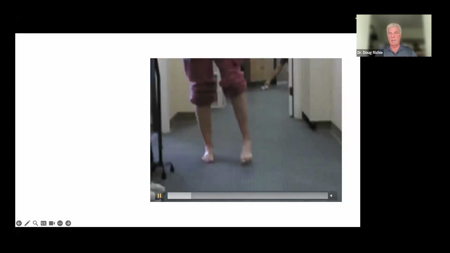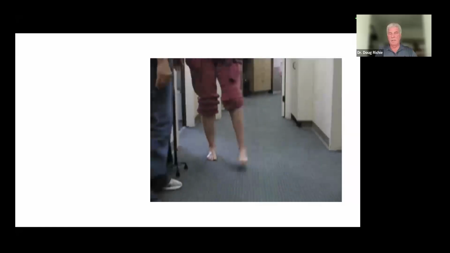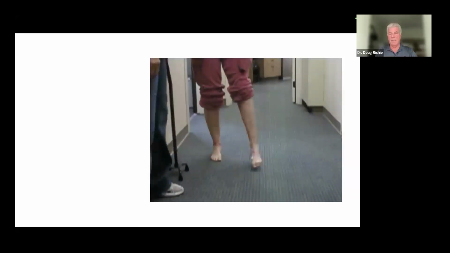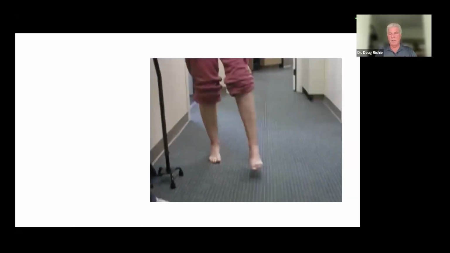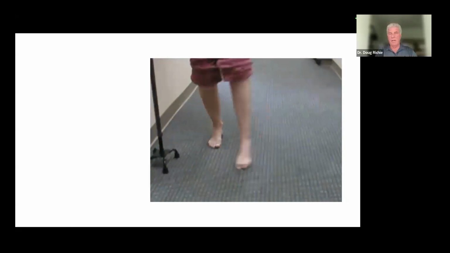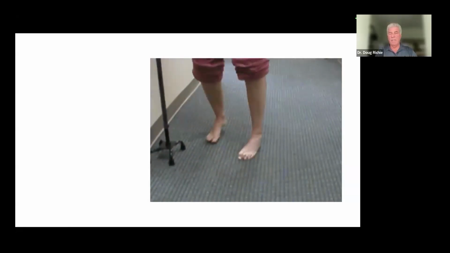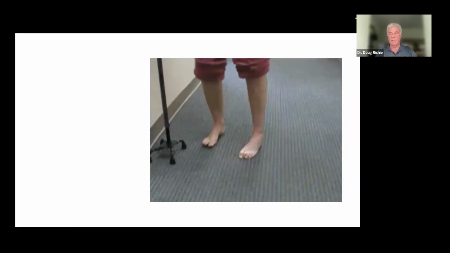And indeed, we see the exact same reproduction in this video of a patient of mine who's got the spasticity of the posterior musculature, the foot drop, and more importantly, the circumduction of the leg in swing phase.